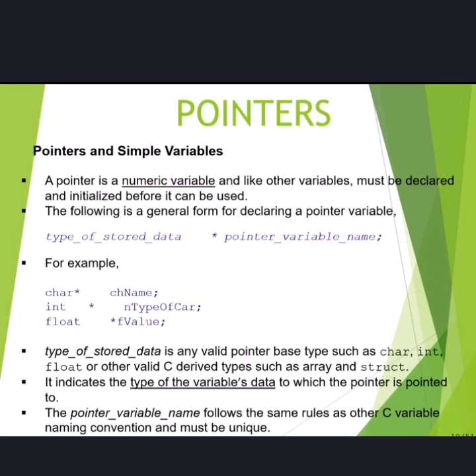It indicates the type of the variable's data to which the pointer points. The pointer variable name follows the same rules as other C variable naming conventions and must be unique.